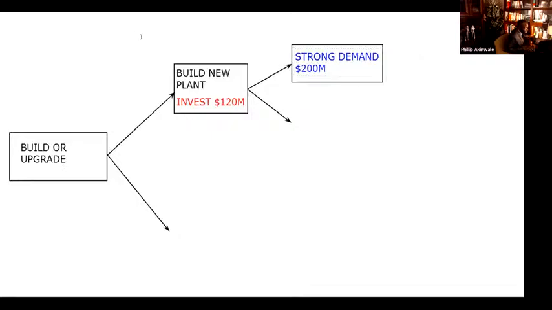But there could also be a weak demand. So there's a possibility of a strong demand, but there's also a possibility of a weak demand. So you got to look at both sides to the coin. If you take a look at the percentages, that is what tells the story of what is happening here.